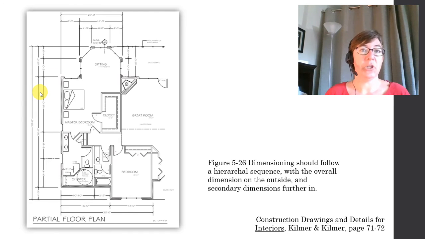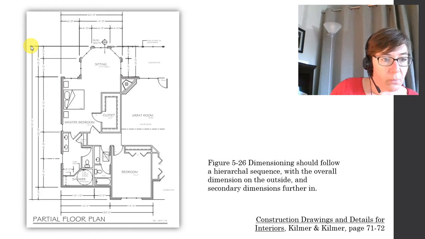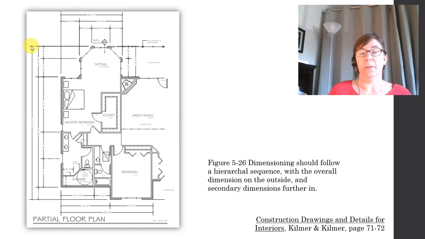When you place dimensions on a drawing, such as a floor plan, you need to follow a hierarchical sequence. So we've got overall dimensions, such as this one right here. It's a long dimension showing the overall length of the, what is this, the residence, okay?